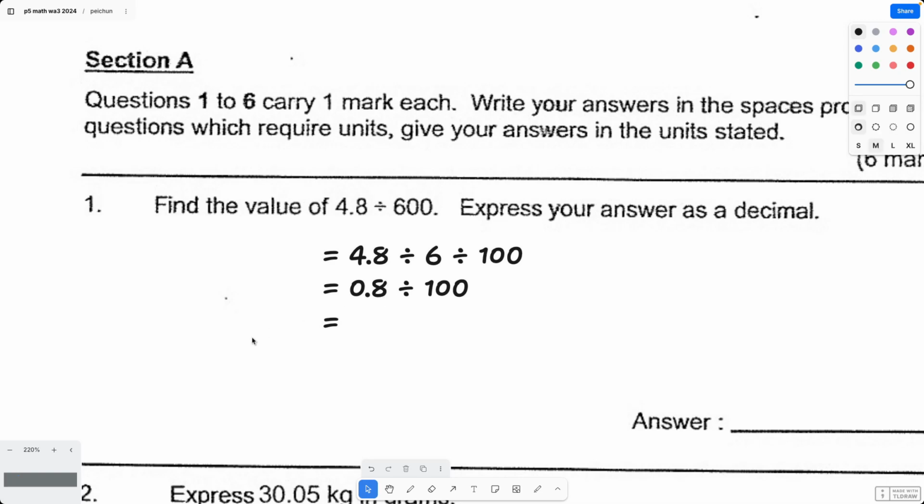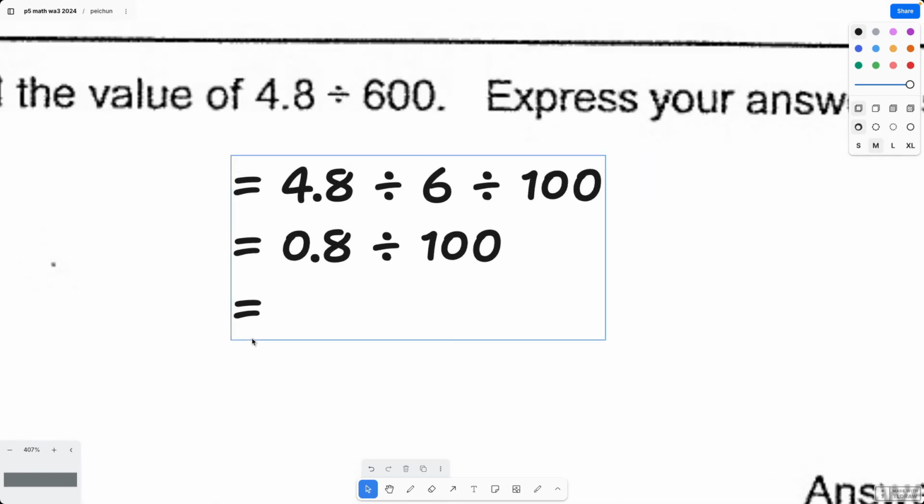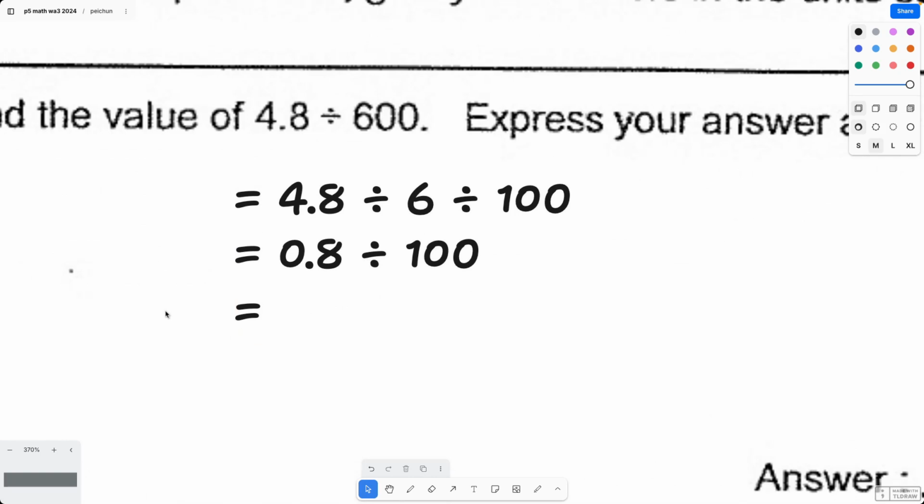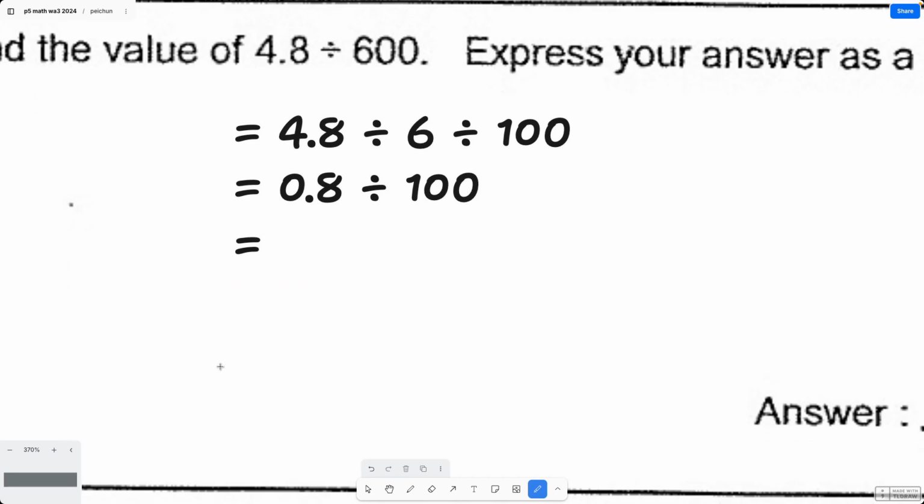If you remember, when we divide anything by 100 or multiples of ten, 100 or 200, what we can do is move the decimal place. You need to count the number of zeros. In this case, we have 2 zeros, so we need to put the decimal place 2 places to the left, one more and two more.